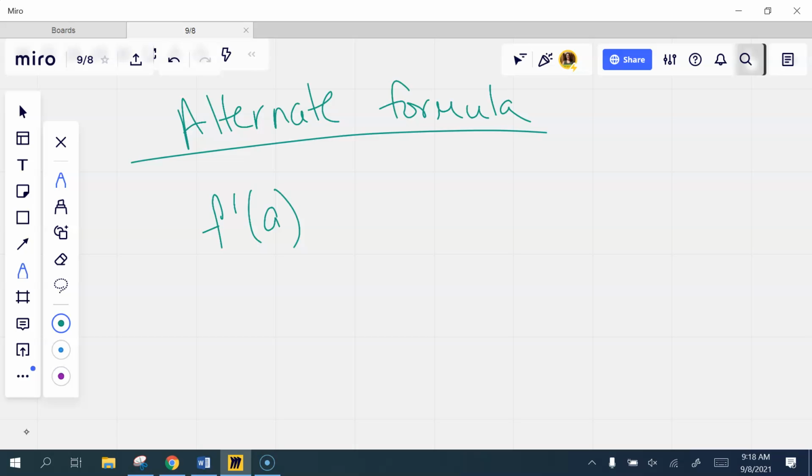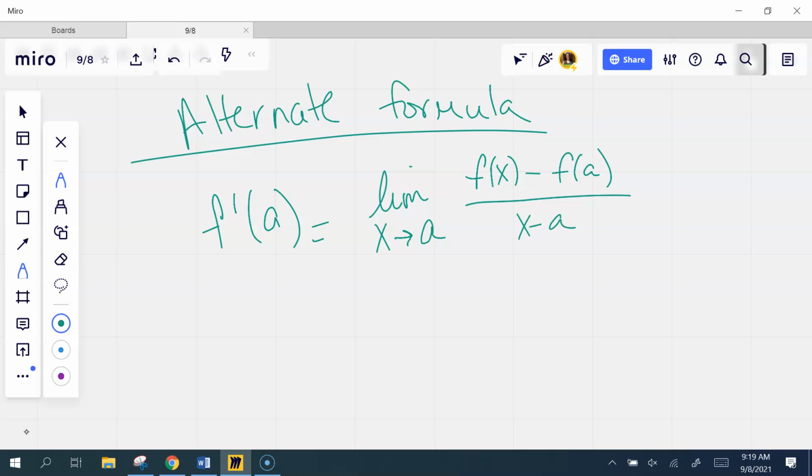I like the original formula myself, but if you use this, it is justification enough. The derivative at A could also be described as the limit as x approaches A of f of x minus f of A over x minus A.